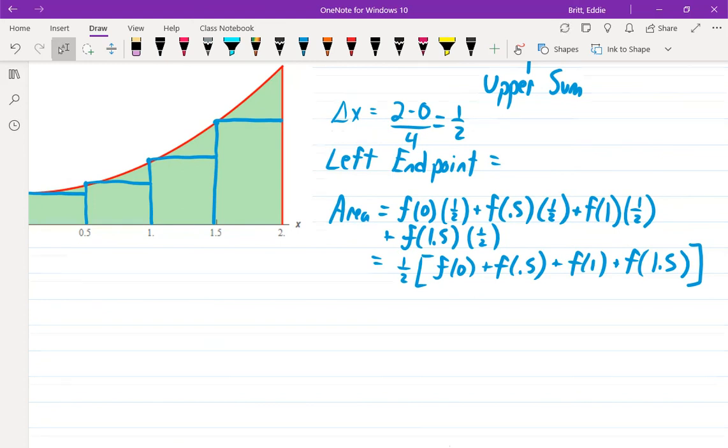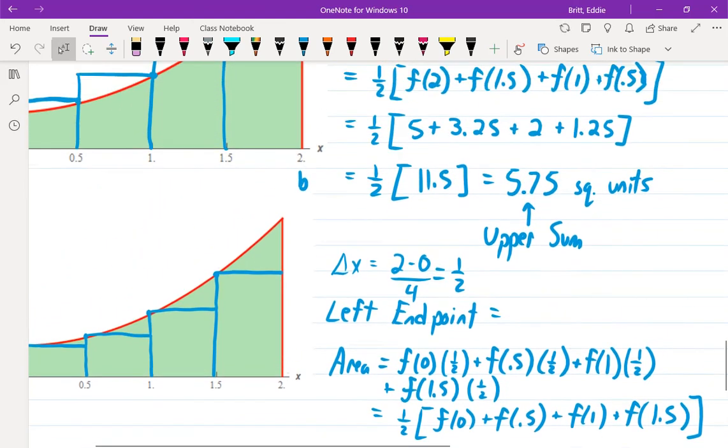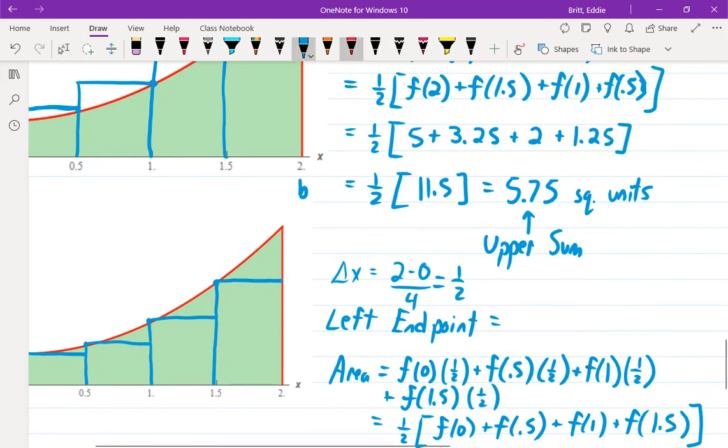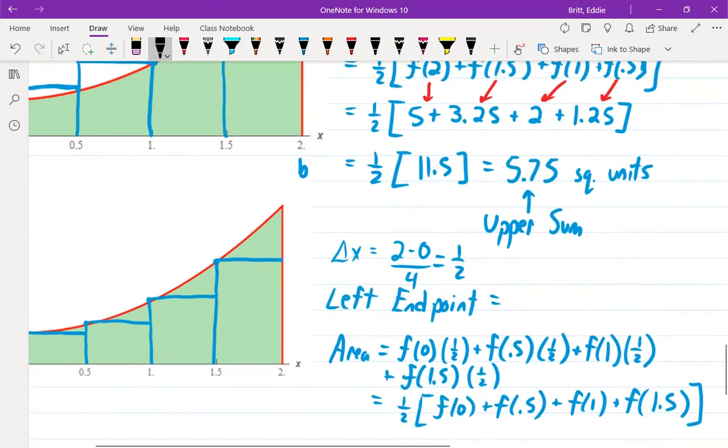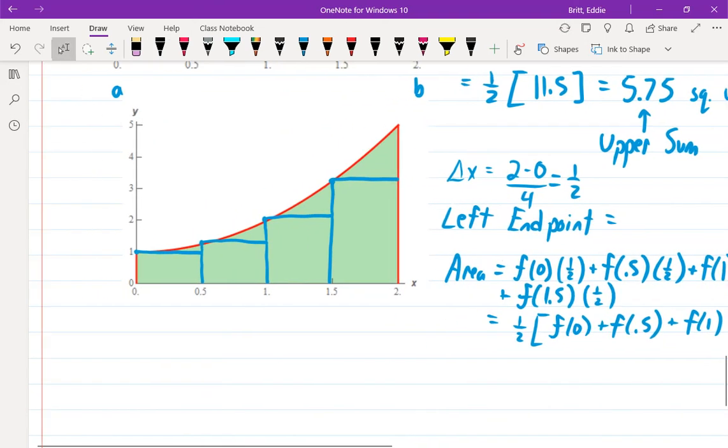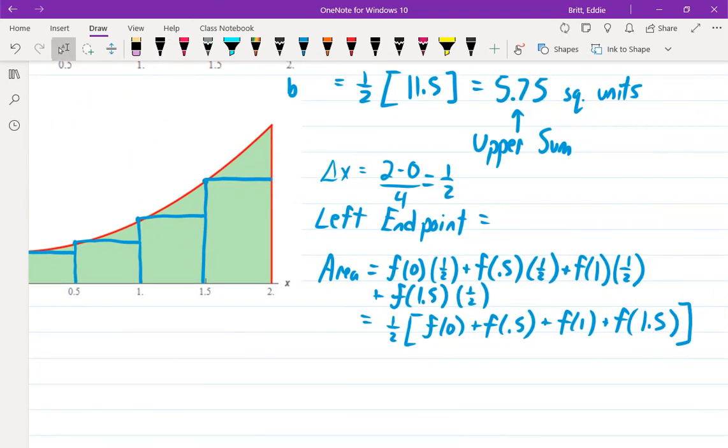Now, we can use some of these values up here. If you remember that this goes with that number, this goes with that number, this goes with that number, and this goes with that number. So we can use those values so we don't have to calculate them again. Now, the only one we don't have is f of 0. So we do need to start out with f of 0. To get that, what was our function? Our function was x squared plus 1, right? It was f of x equals x squared plus 1.